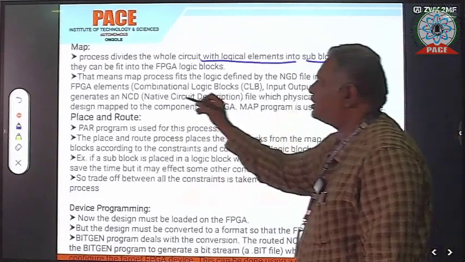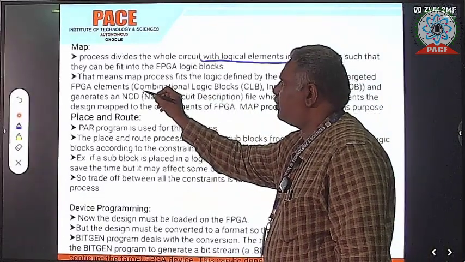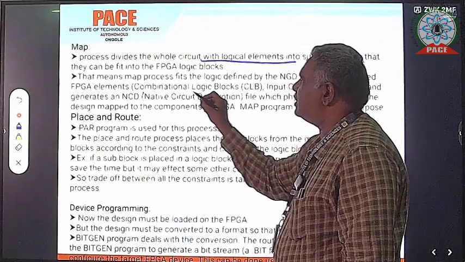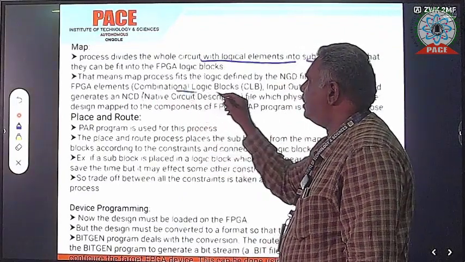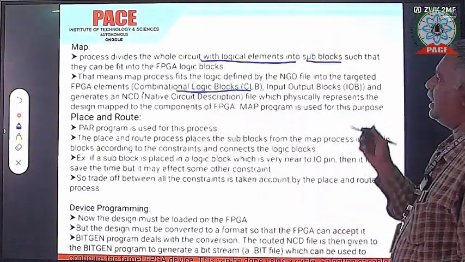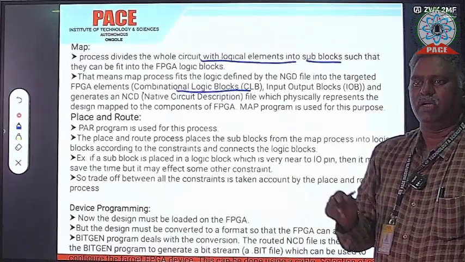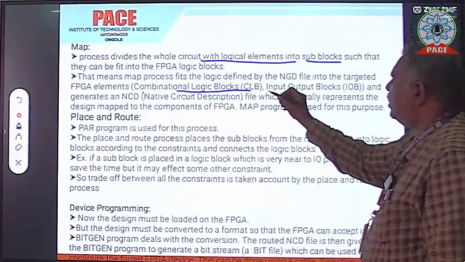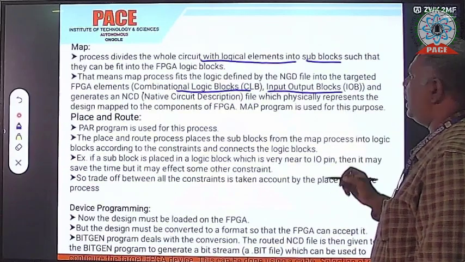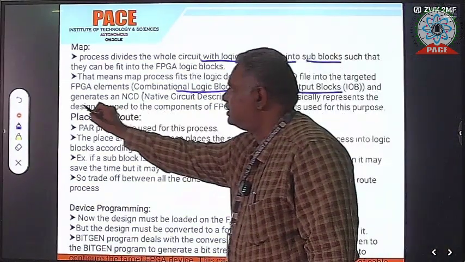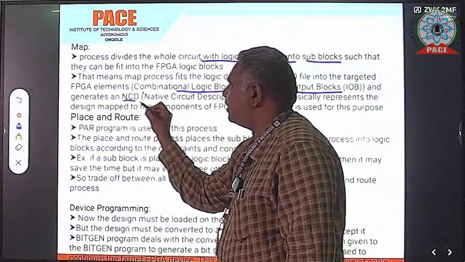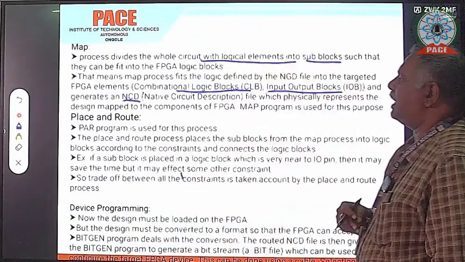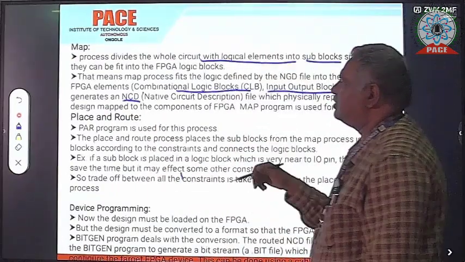The FPGA elements are combinational logic blocks. In the combinational logic blocks we have input output blocks and it generates an NCD file. So what is the NCD file? NCD is a native circuit description.